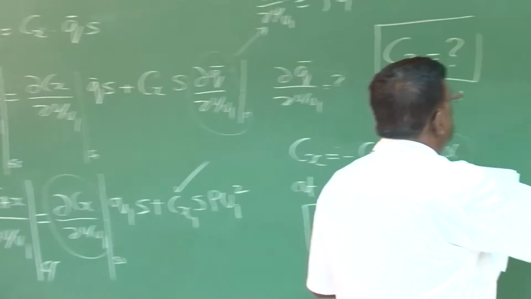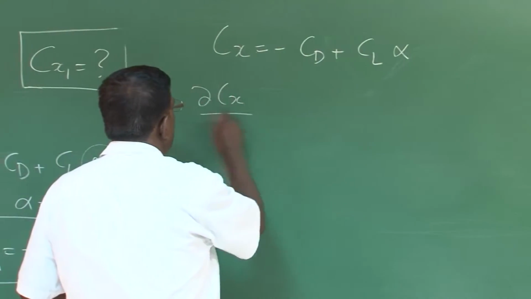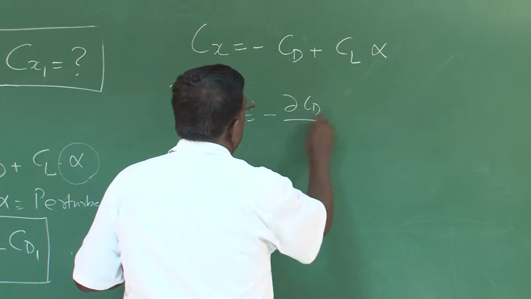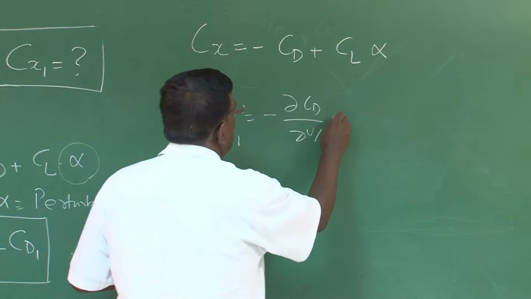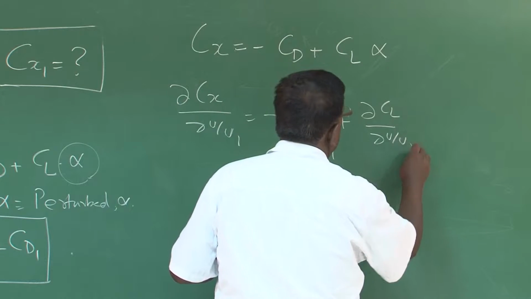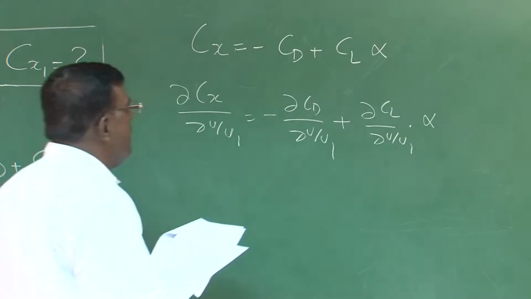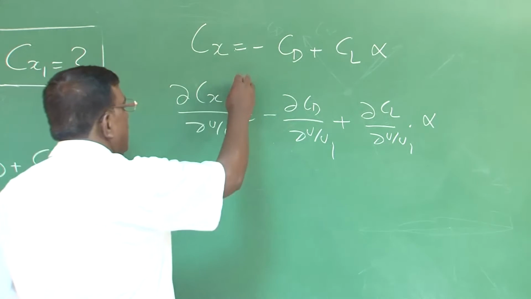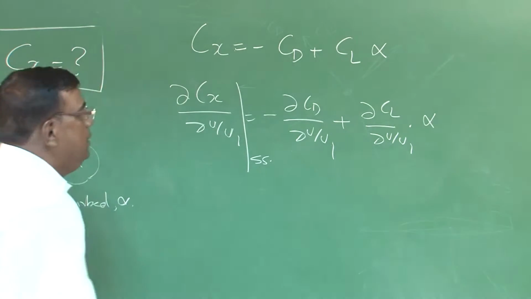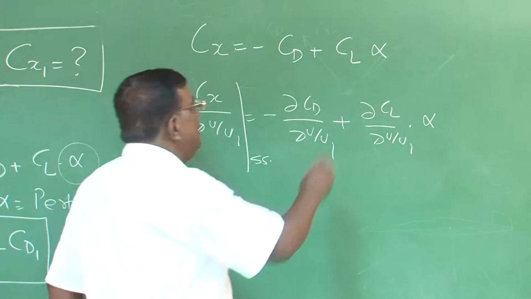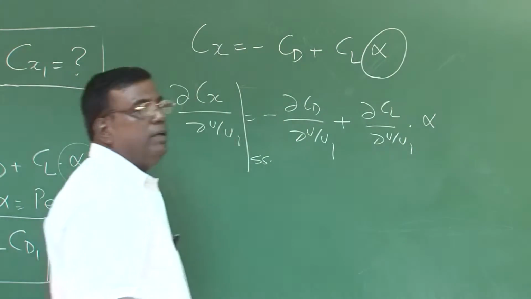So now we write dCx by du by u1 is equal to minus dCD by du by u1 plus dCL by du by u1 into alpha. Right? But what is that we cannot afford to forget? That this derivative has to be evaluated at steady state. And to be evaluated at steady state means what? As far as this expression is concerned, alpha is perturbed alpha.